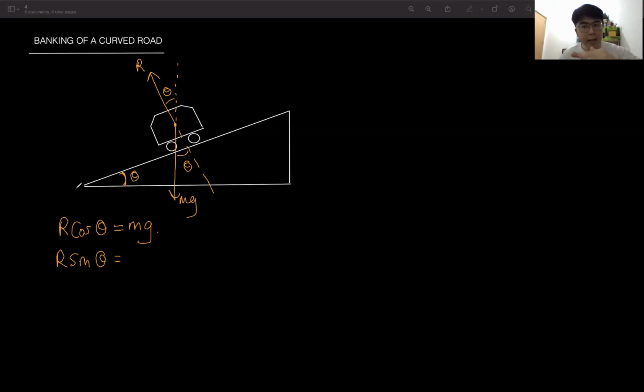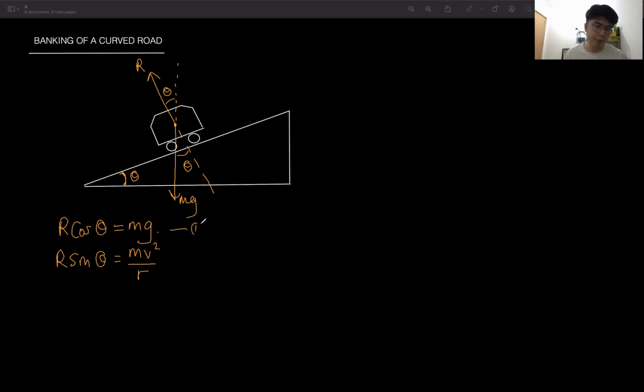Normally on a level road it has to apply friction to turn, but since we have a banked road, the car does not need any friction to turn. So the horizontal force is all due to the reaction. R sin theta equals the centripetal force, mv squared over r.